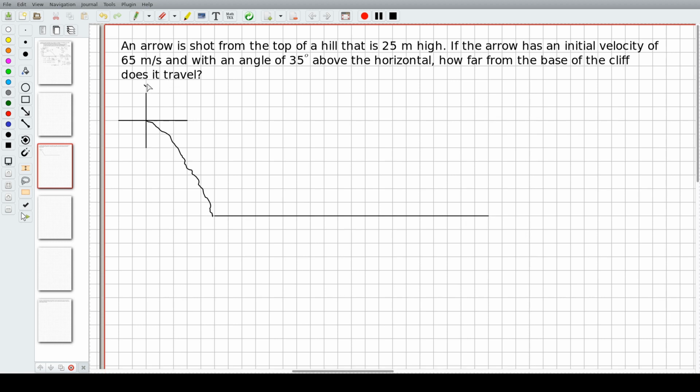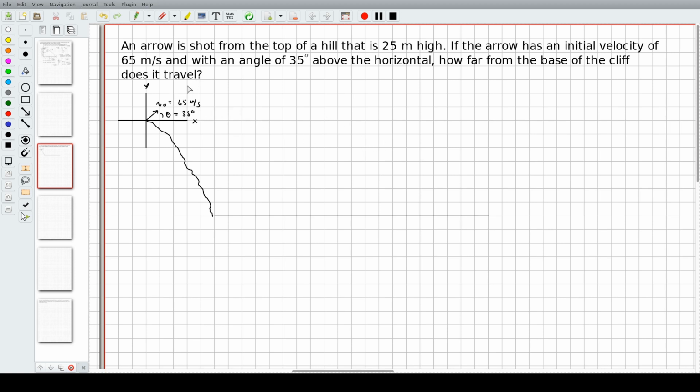So here's Y, here's X. And here is our initial velocity. It has a magnitude of 65 meters per second, and it makes an angle of 35 degrees with respect to the horizontal, the x-axis.